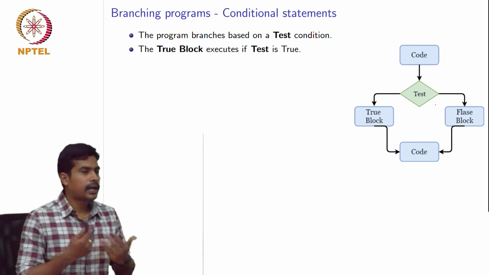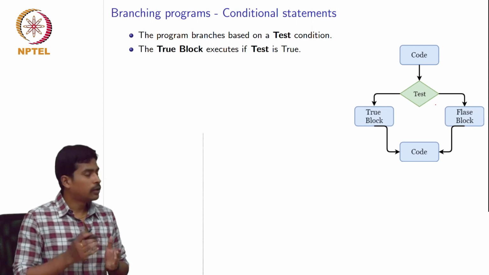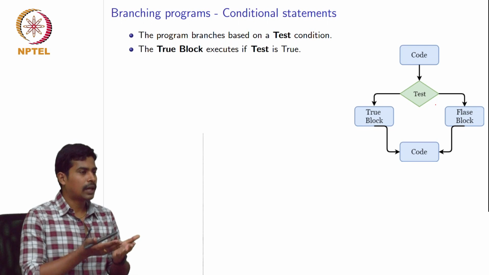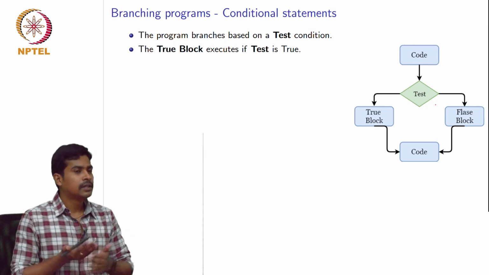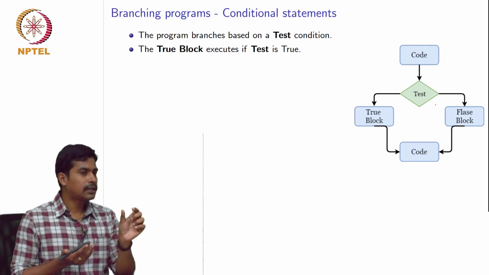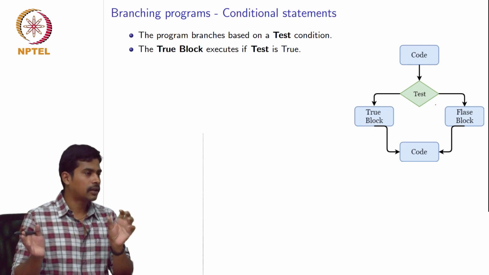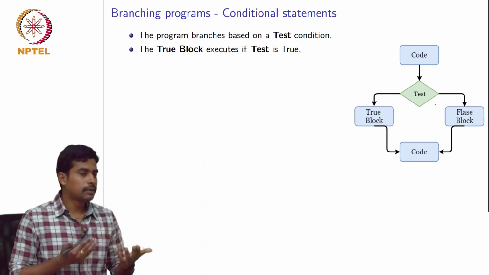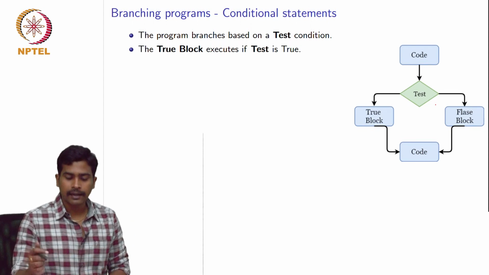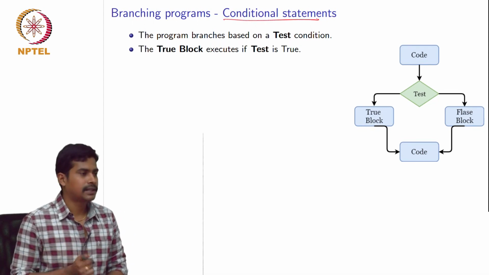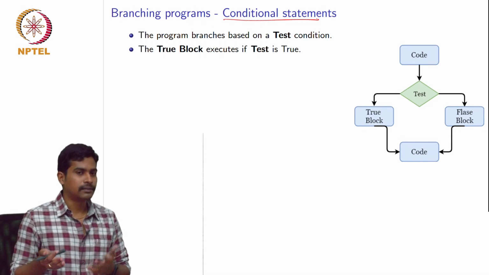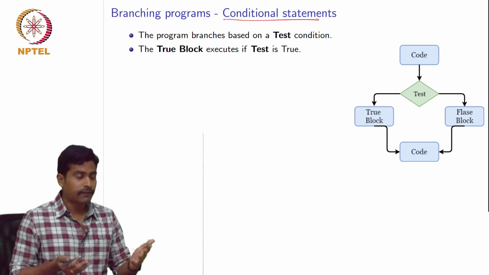So if you want to write a program and you have 2 different formulas to calculate the focal length for a thick lens and a thin lens, when you ask the thickness of the lens, based on that you want to use either this formula or that formula, right? In order to do that kind of branching in your program, we need something called conditional statements or branching statements. We all know conditional statements from other programming languages, the if and else statements.